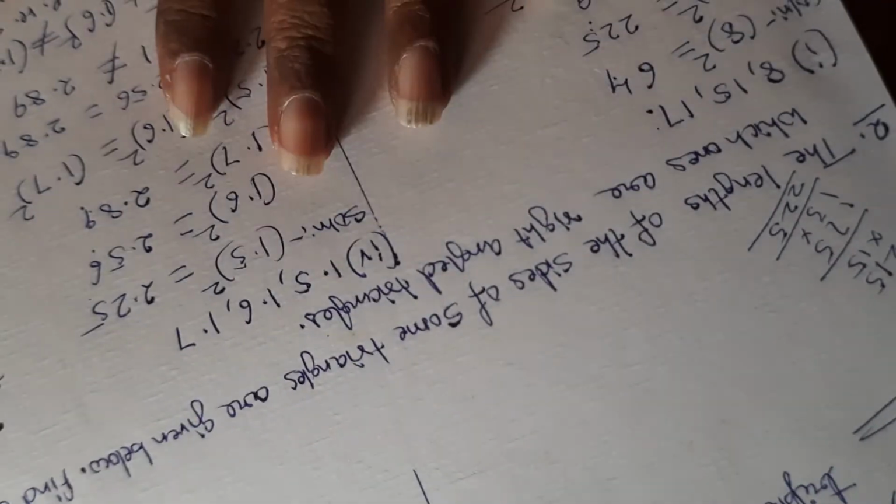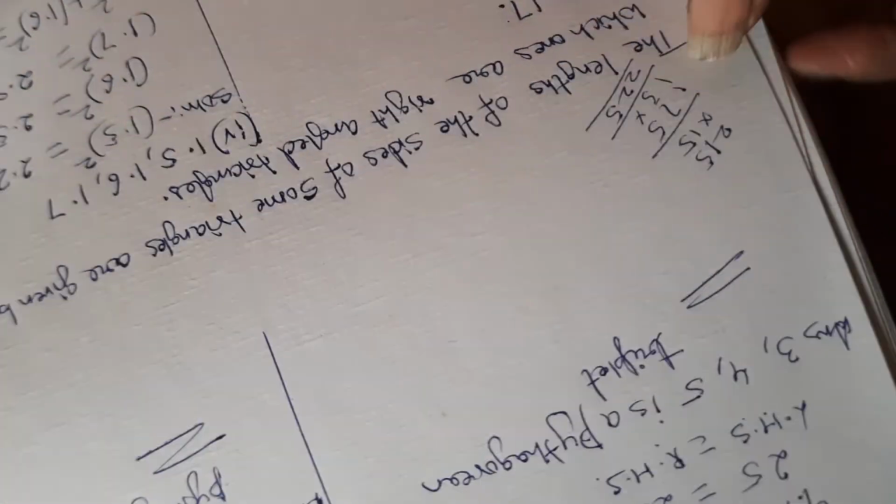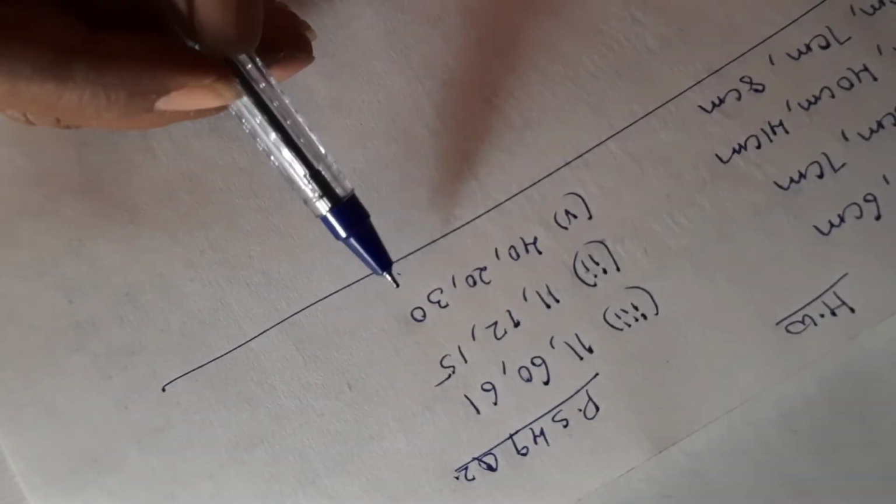Done, children? Hope it's understood. Same method, only for Pythagorean triplet, and here they are saying right angle triangle. That's the difference, but the method is the same thing. If they are a Pythagorean triplet, then they are a right angle triangle. If they are not a Pythagorean triplet, they are not a right angle triangle.